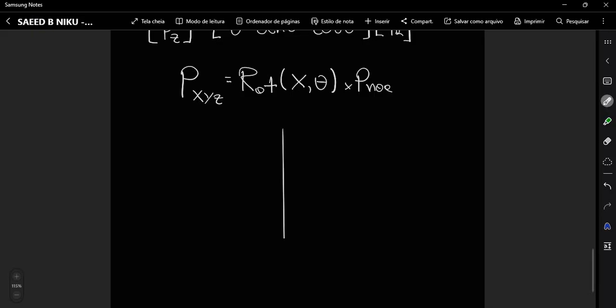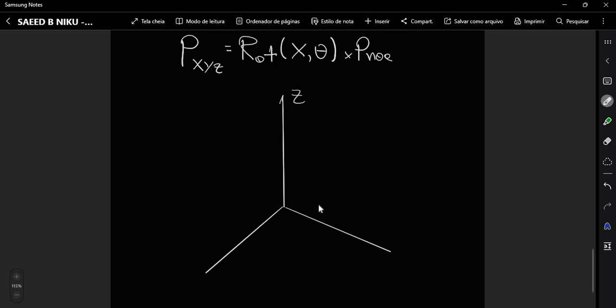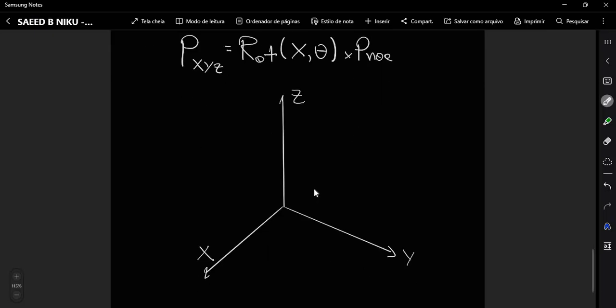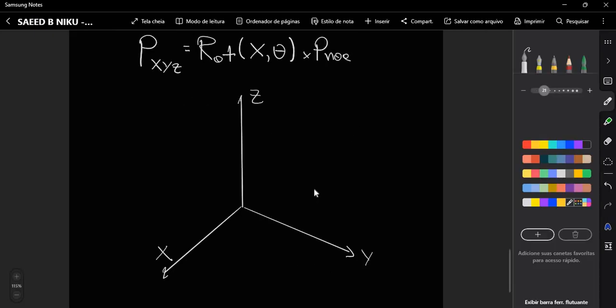The axis Z, the axis X, and the axis Y. And link it on this axis system, which is a reference system, is another referential system.